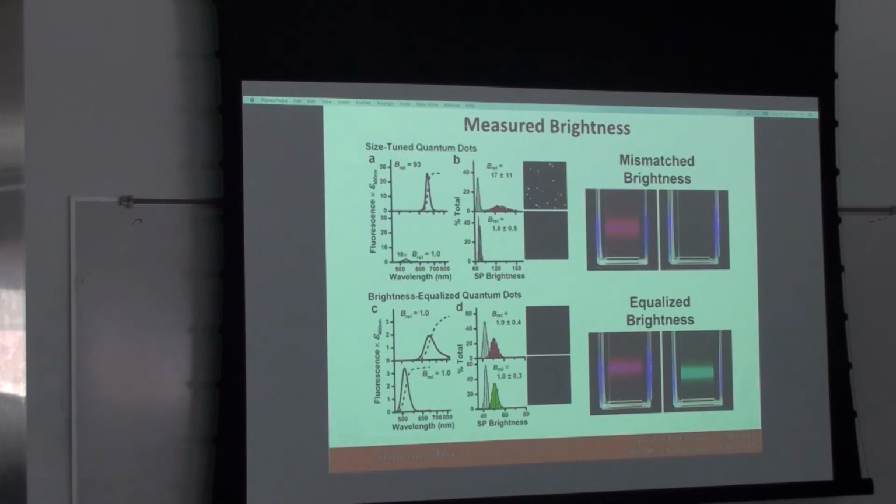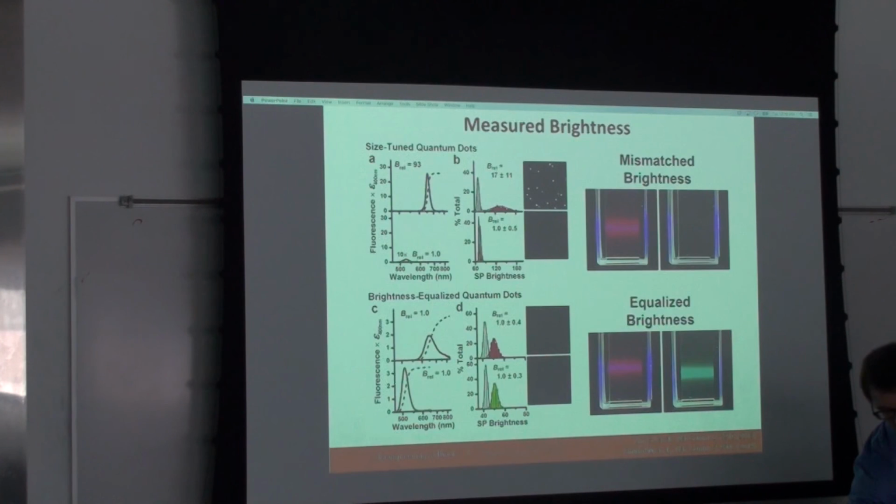For the brightness equalized particles, they have similar brightnesses at the ensemble fluid level and at the single molecule level too. So you can see that just by visually looking at them. If you shine a laser at brightness equalized dots versus the size-tuned mismatched brightness ones, the red ones overwhelm in the size-tuned ones, but you can see easily the greenish bluish ones otherwise.